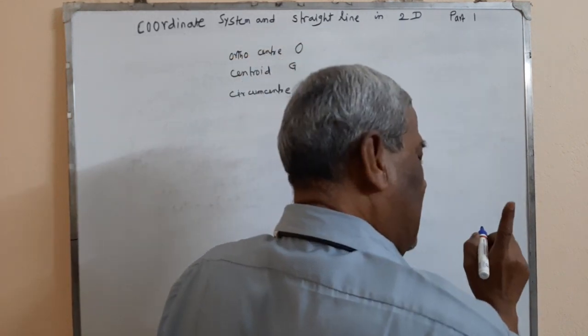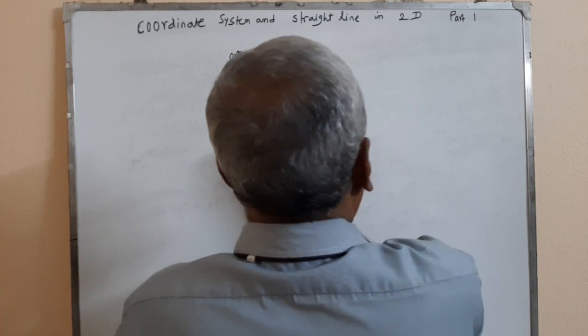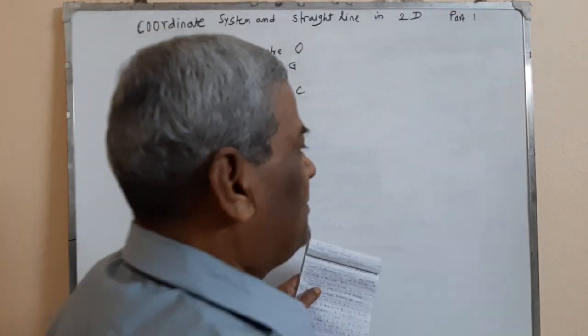For any triangle ABC, its orthocenter O, centroid G, and circumcenter C are collinear.